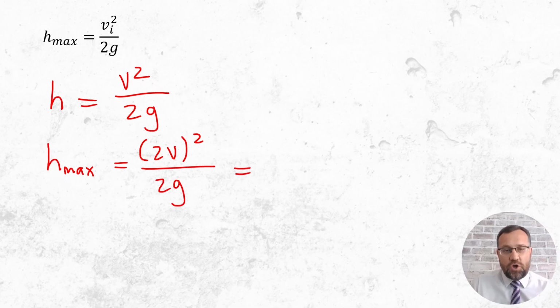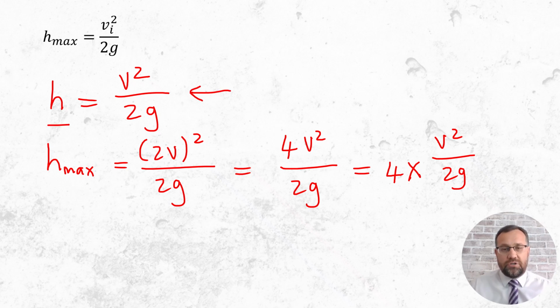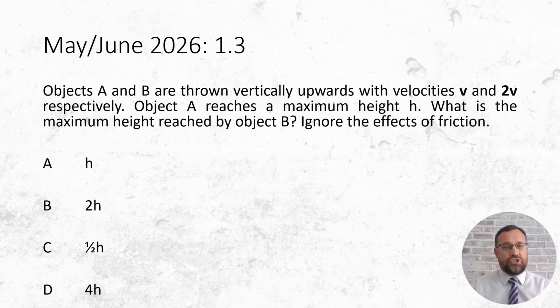And that gives us 4v squared divided by 2g, which is equal to 4 times v squared over 2g. But v squared over 2g is equal to h. So it's going to be 4 times h. Therefore, object B reaches a maximum height of 4h. The correct answer is therefore D, 4h. Let's move on to question 1.4.